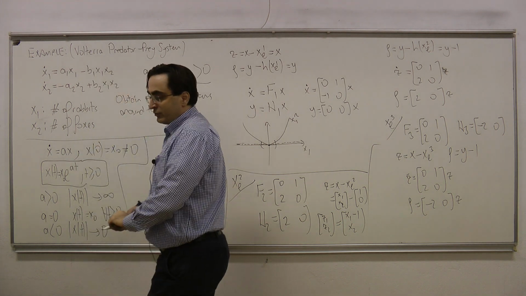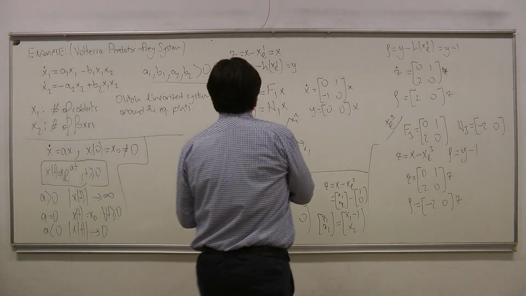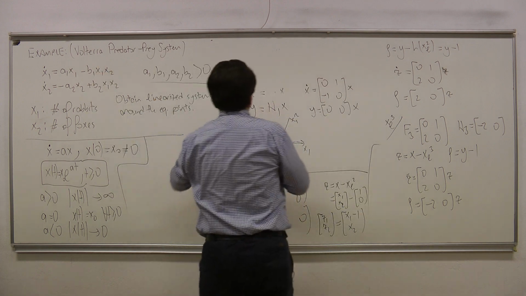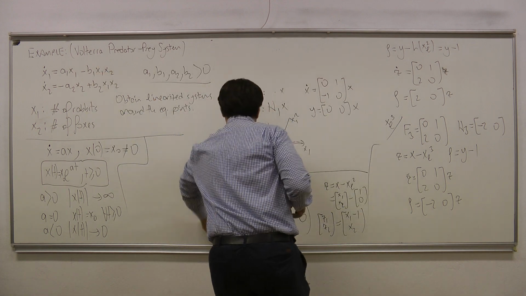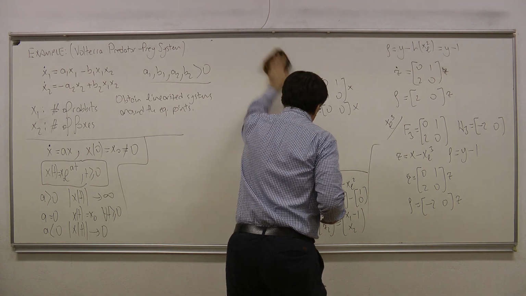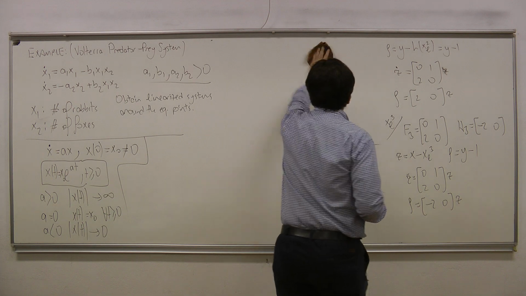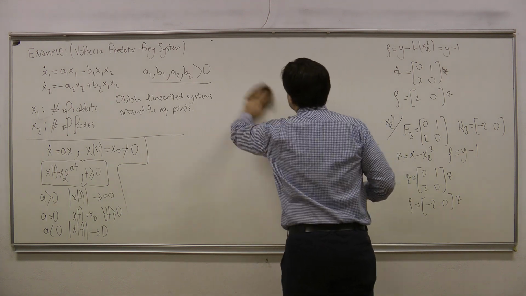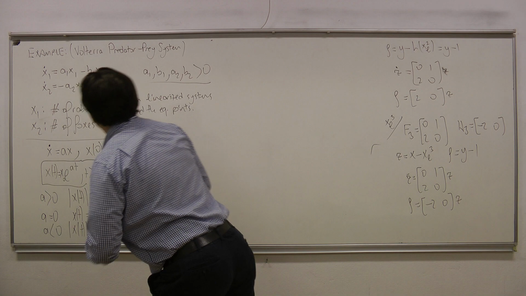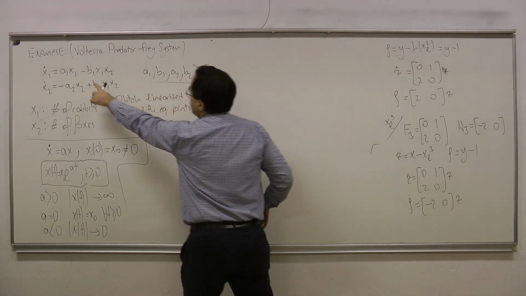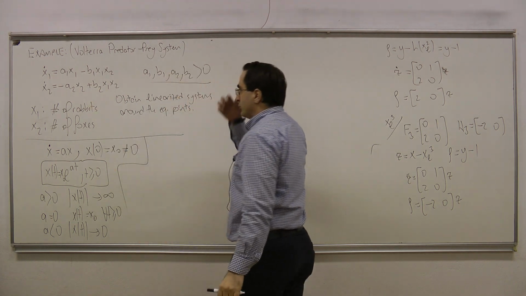Now let us try to understand what happens if we don't have these nonlinear terms here. I know that all of these coefficients are strictly positive, so B1 is positive, B2 is positive.